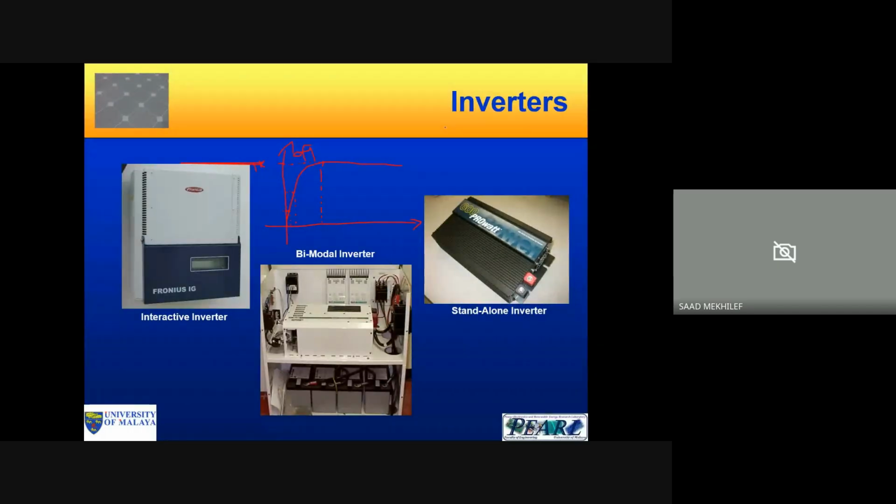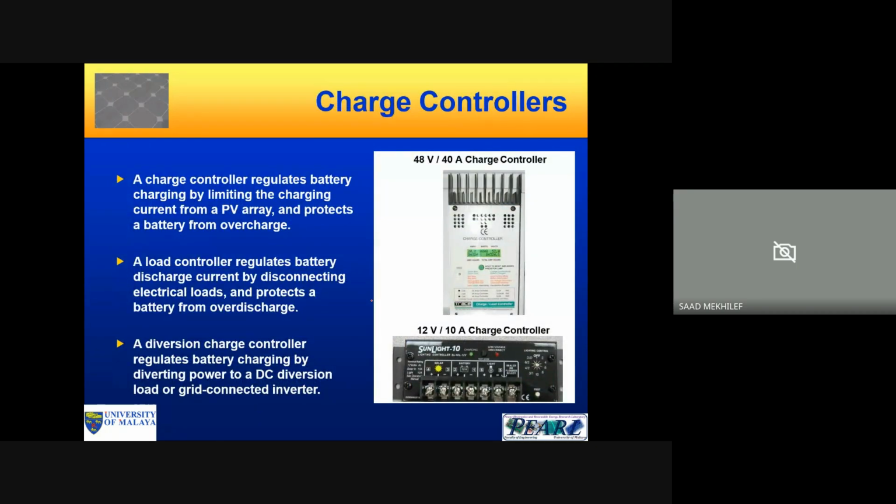I think we have some slides on the MPPT later. So 99.9% of the time, the inverter will never exceed 1 kilowatt or even 800 watts, and let me show you some examples. Also we have protections for overcurrent or overvoltage that can protect the inverter.